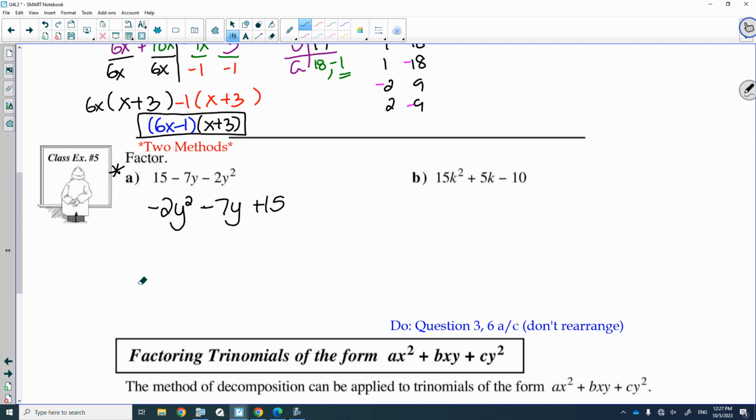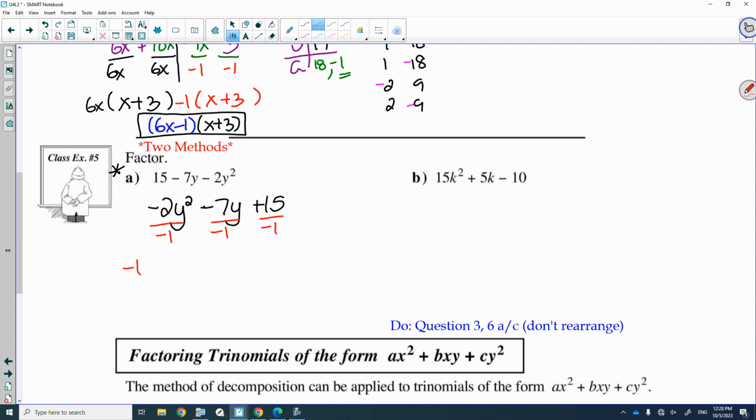Okay, so we could multiply negative 2 times 15. However, I always like this first term to be positive. So if I want it to be, it will work, okay, but if I want to do my PSA with a positive number here, what am I factoring out? A negative 1. So I just want to show you.